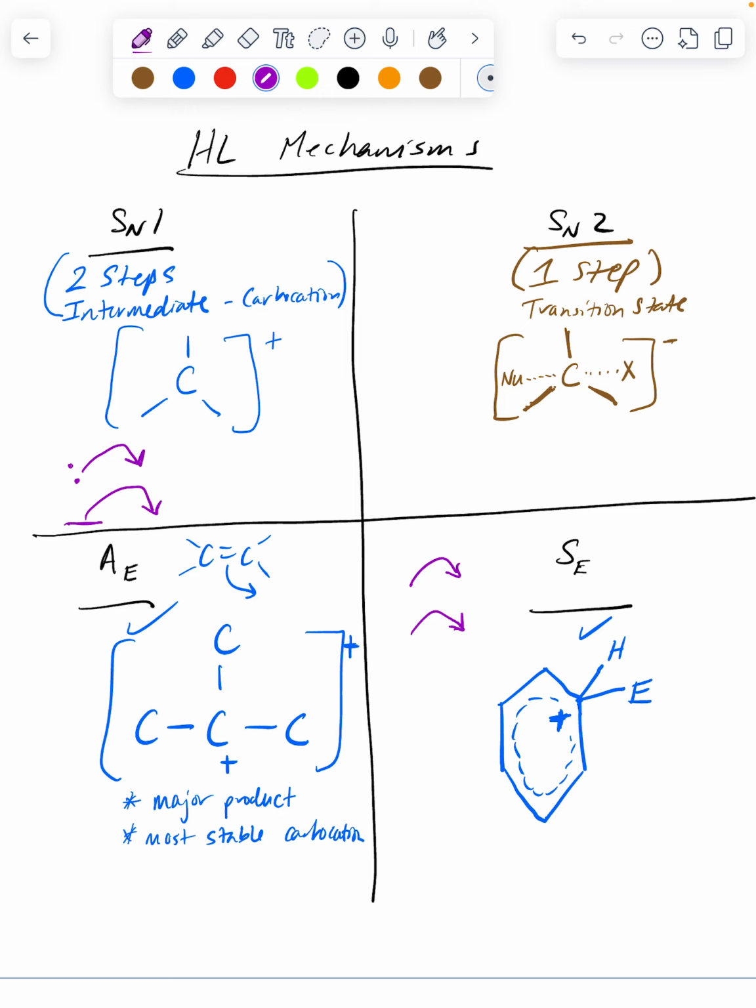Same goes for electrophilic substitution. In SN2, you're going to have both arrows in the same step because it's a one-step mechanism, but the arrows still show bond breaking and forming. In electrophilic addition, you will have one extra arrow because you're going to have the arrow that comes from the carbon-carbon double bond, the pi bond, that bond breaking, and then that's showing a bond forming.